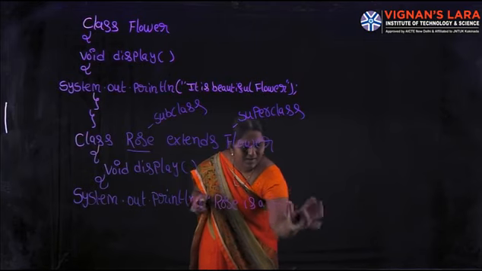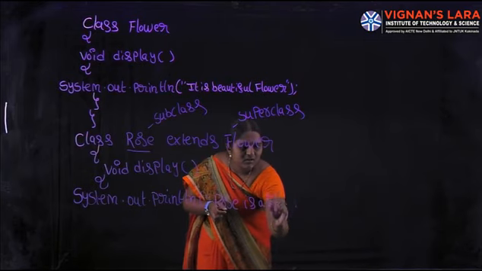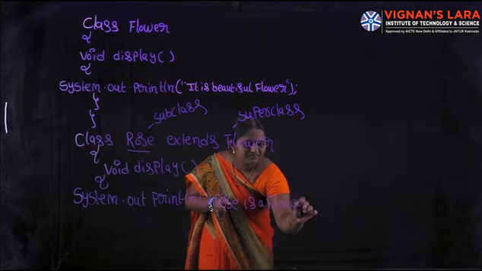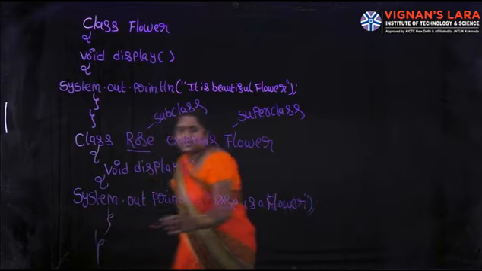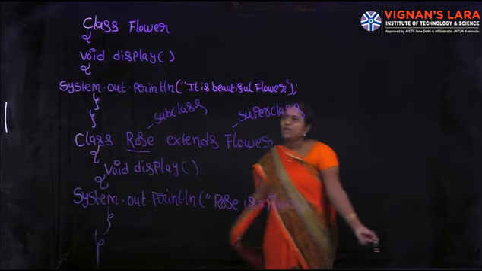Or simply you can write, Rose is a flower. Here I am closing the method body and class body.